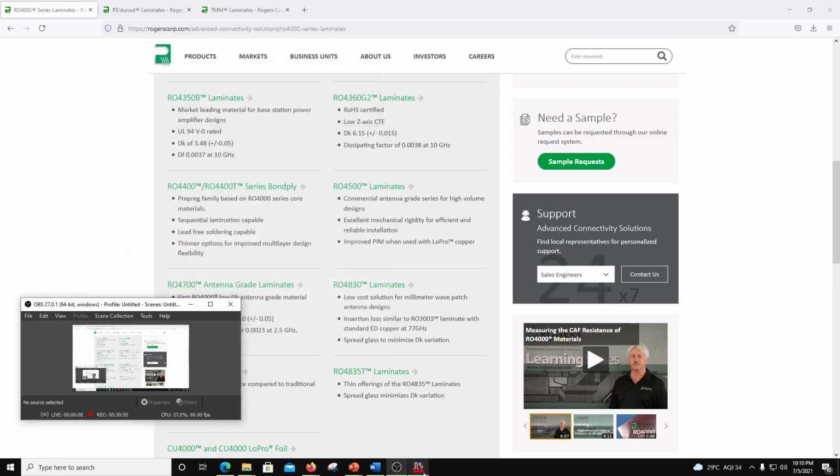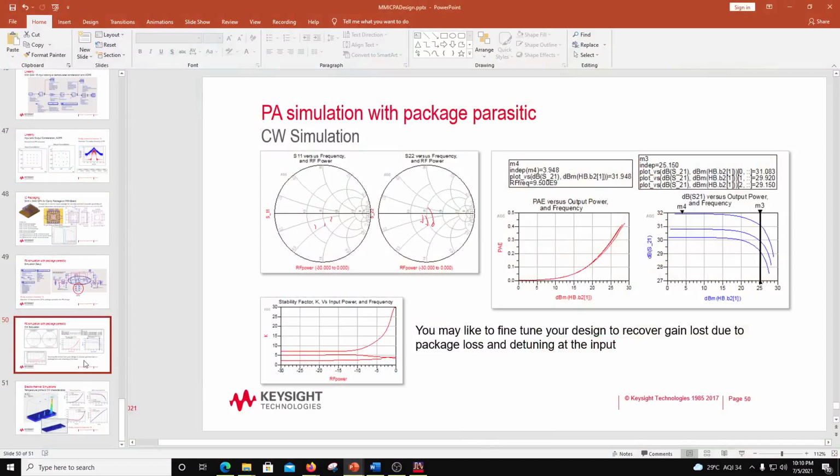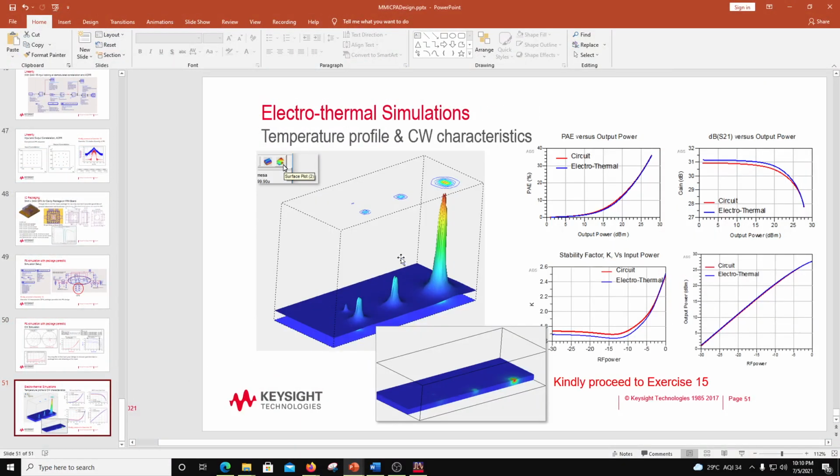So I cannot show you that, but all I can show you is that this design was done on a borrowed license which had a thermal simulator, and you can look at the thermal profiles and see the circuit with the thermal effect and without the thermal effect.